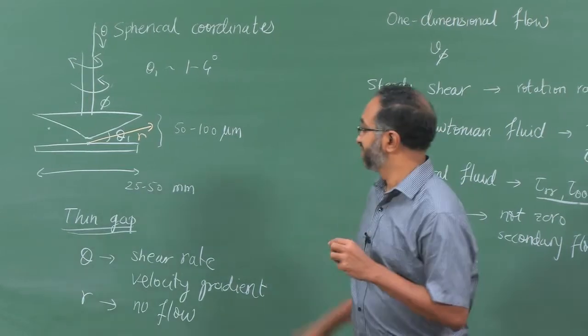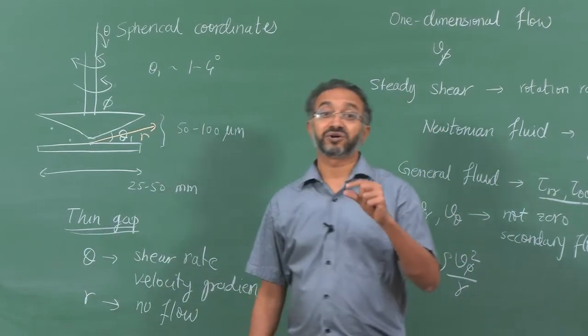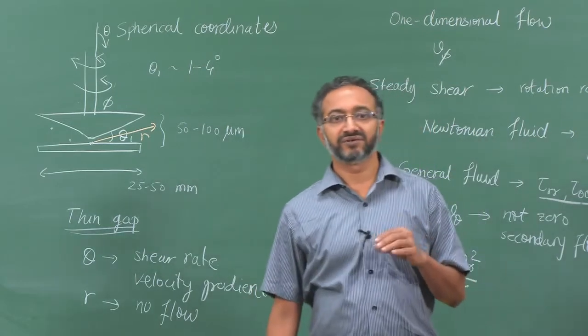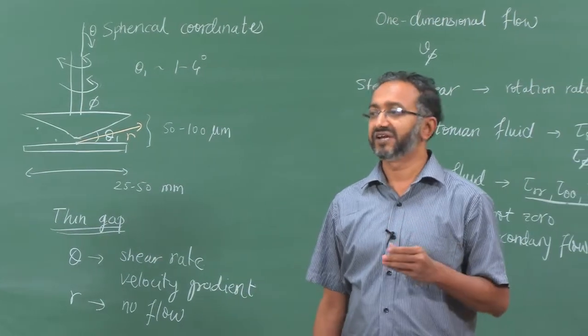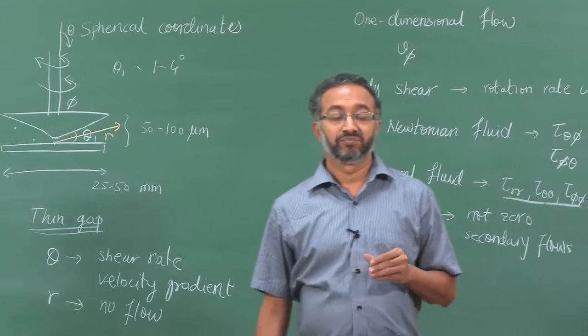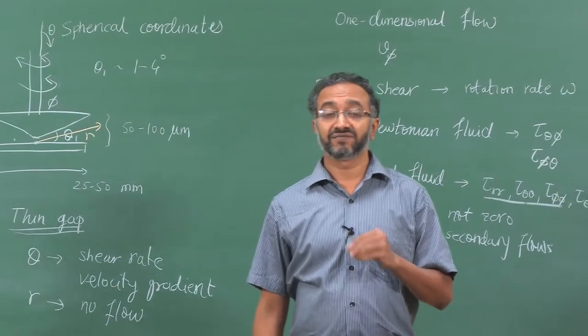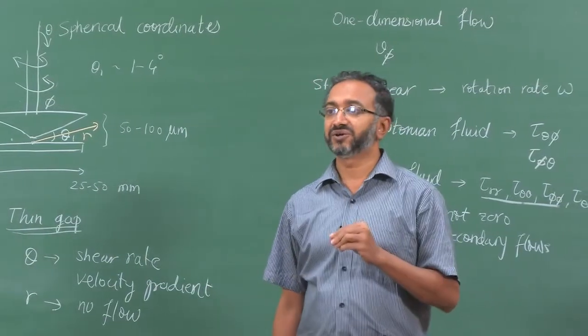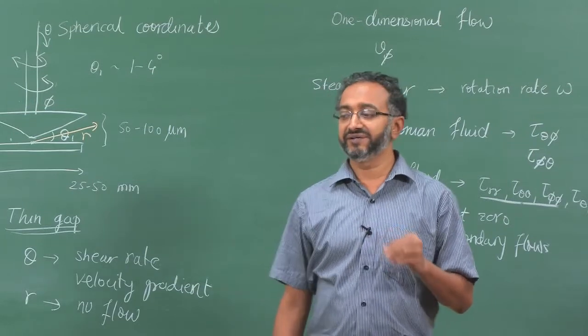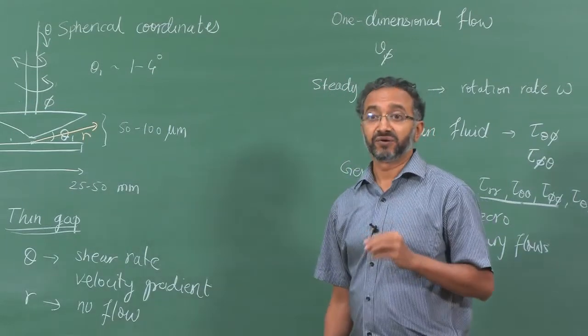So, given that dimension is small and viscosity is large, generally Reynolds number can be kept fairly low. But if fluid elasticity itself is also significant, then we need to make sure that those do not cause any secondary flows in the material.